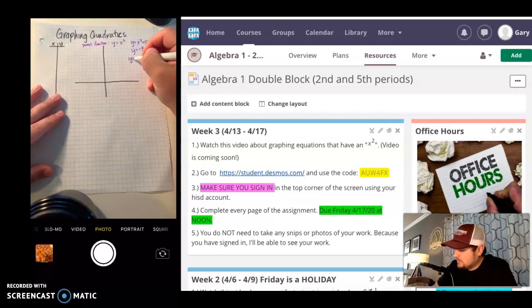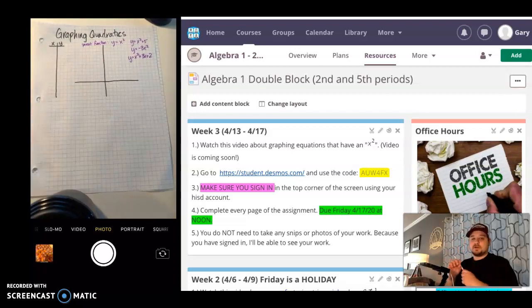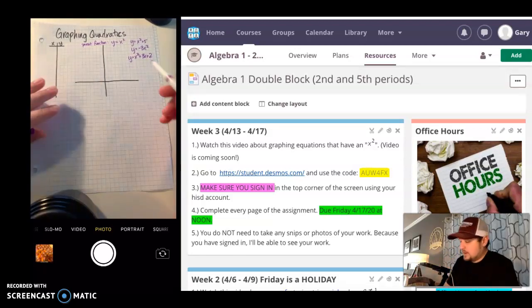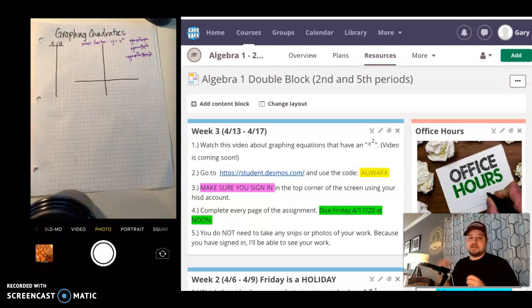And of course, we'll have things that look like y equals x squared plus 3x plus 2, these trinomials that we've been working on factoring over the last 2 weeks. We're not going to look at these on these notes, but these are just some examples of what we'll be able to do moving forward.